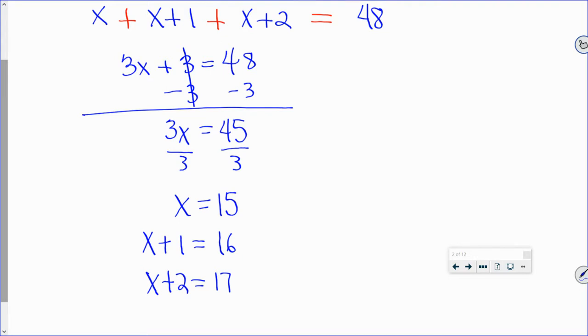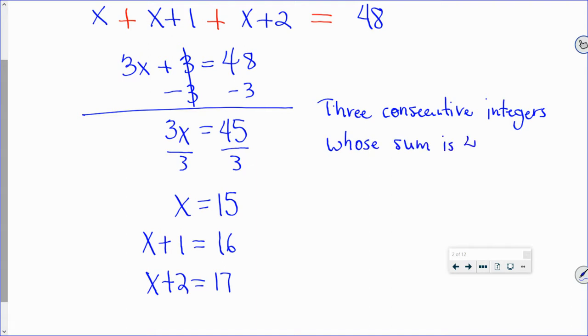And so I might want to summarize that in words. So 3 consecutive integers whose sum is 48, are 15, 16, and 17.